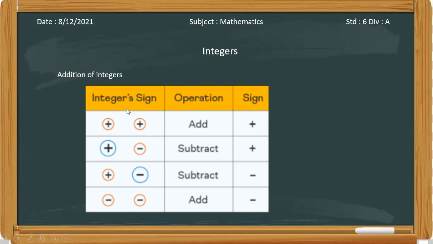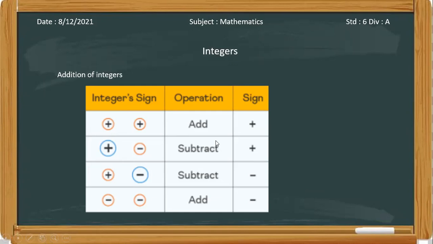If there is a smaller positive number and a bigger negative number, then we subtract it and we give the negative sign to it. And if there are two negative numbers, we add the numbers and give the negative sign to it.